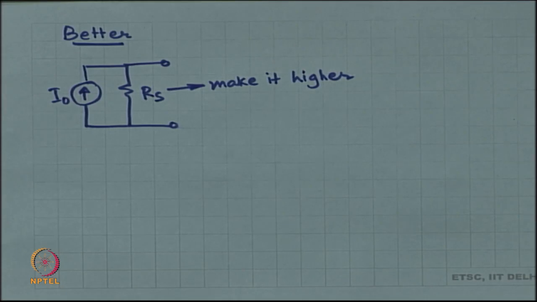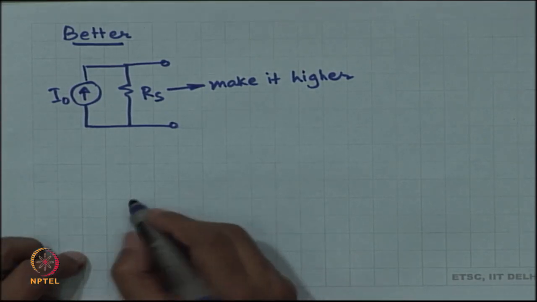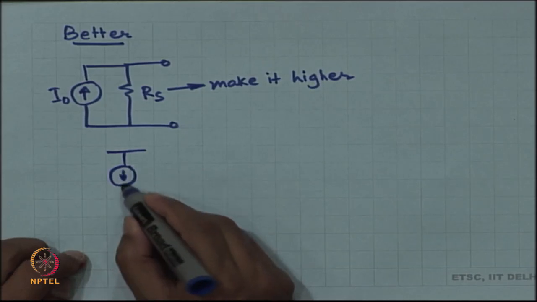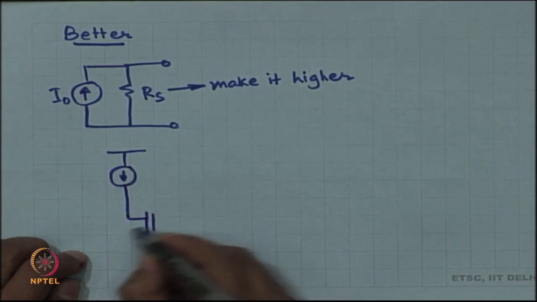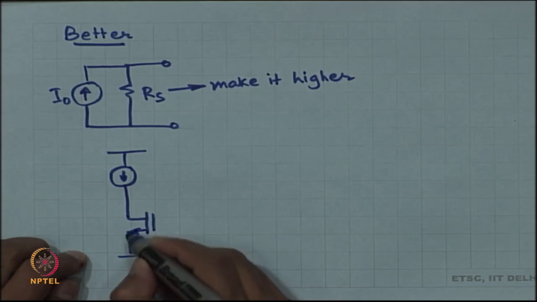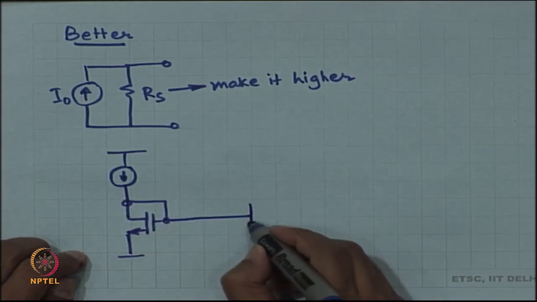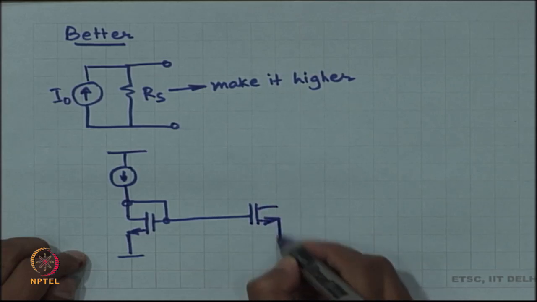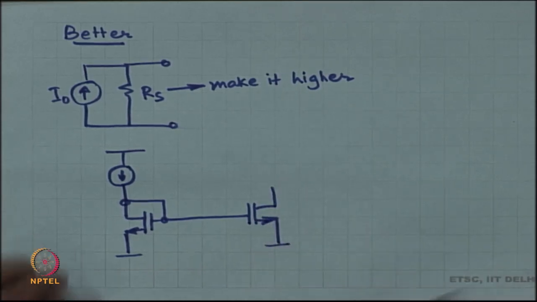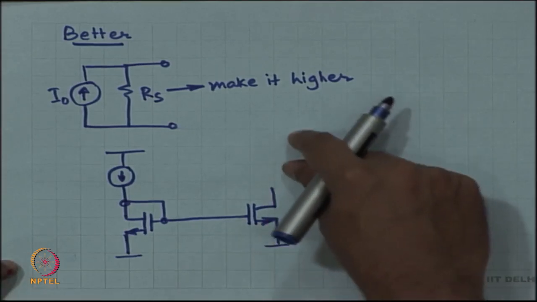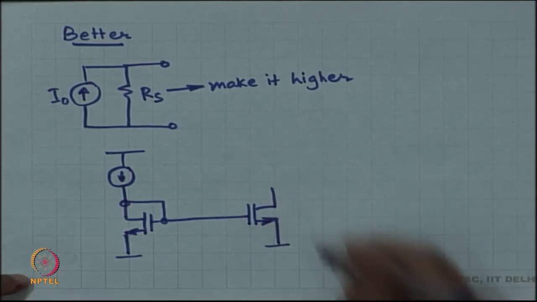How will you do that? How will you get a higher impedance? By adding a common gate stage, right. A common gate stage was a current controlled current source.